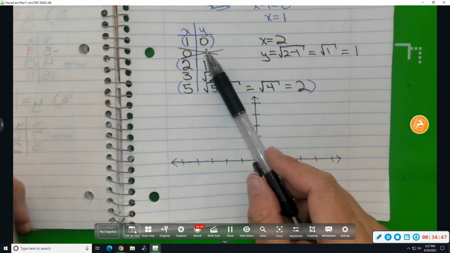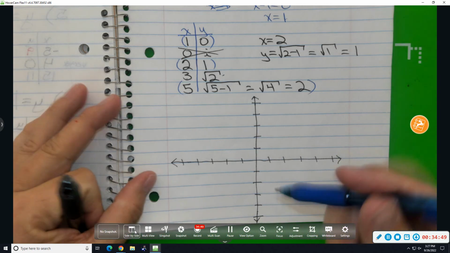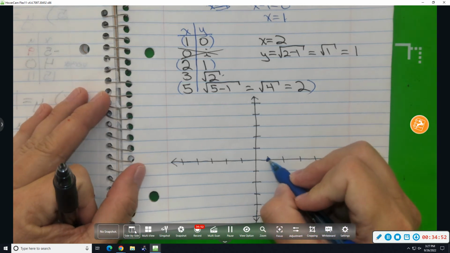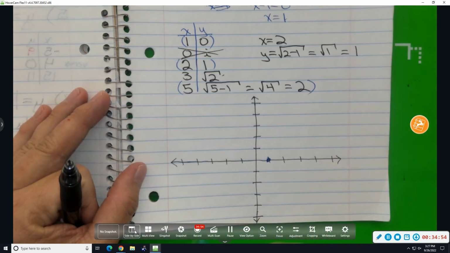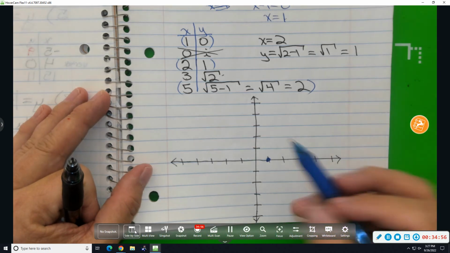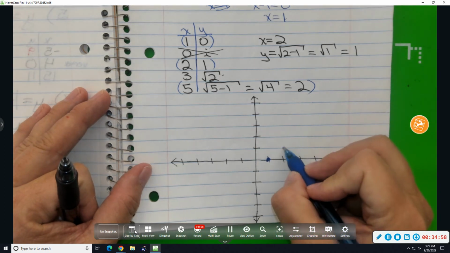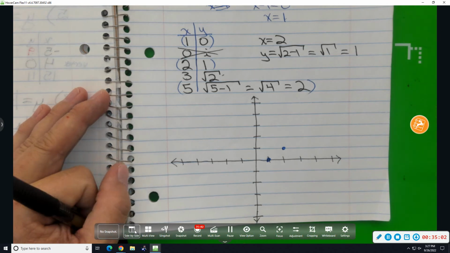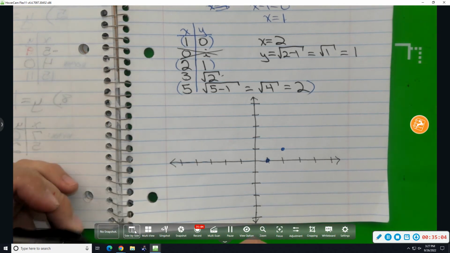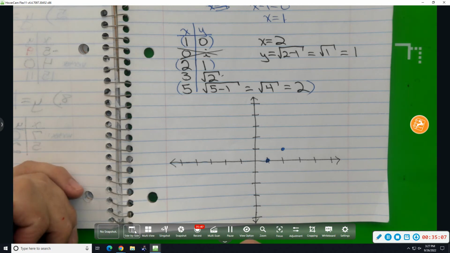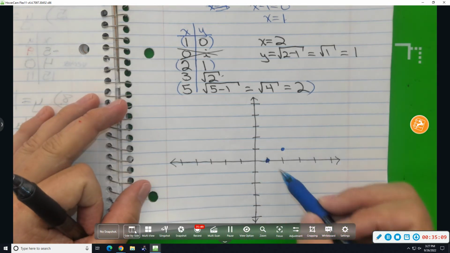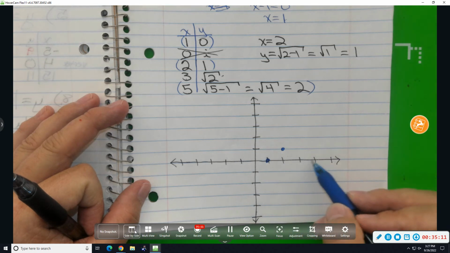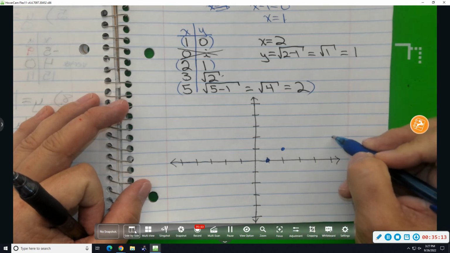We have the ordered pair 1, 0, so right 1, up 0. We have the ordered pair 2, 1, right 2, up 1. And what's the last ordered pair I'm going to label? I'm not going to do the 3, square root of 2. 5, 2: right 1, 2, 3, 4, 5, up 2.